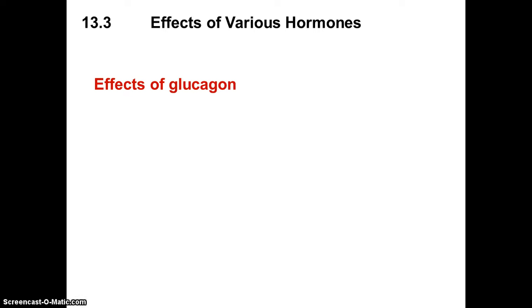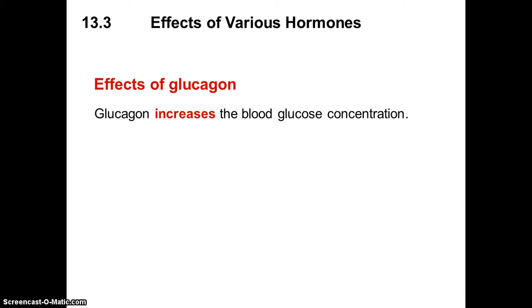Let's look at the effect of glucagon. One thing to take note: insulin and glucagon are both considered antagonistic hormones, which means both of them react in opposite ways. In this case, glucagon helps to increase the blood glucose concentrations.